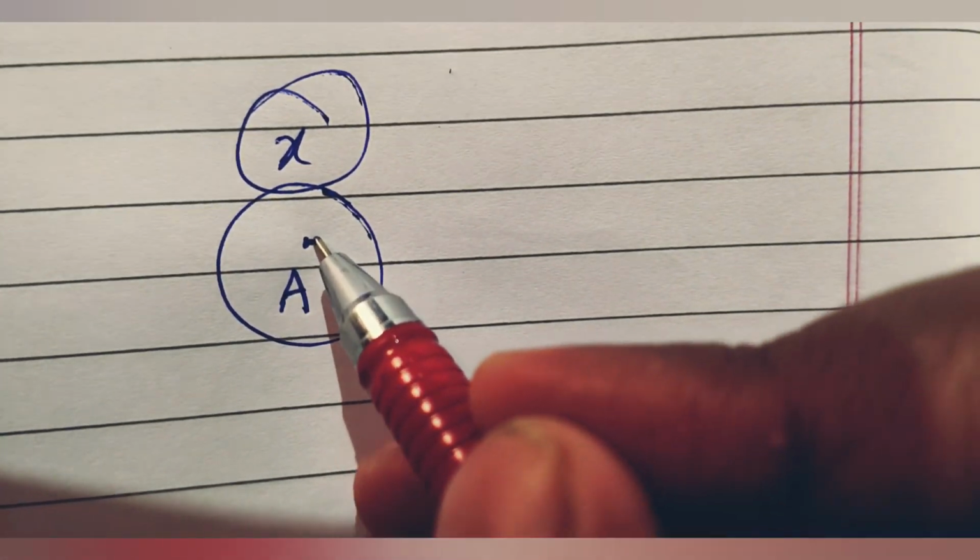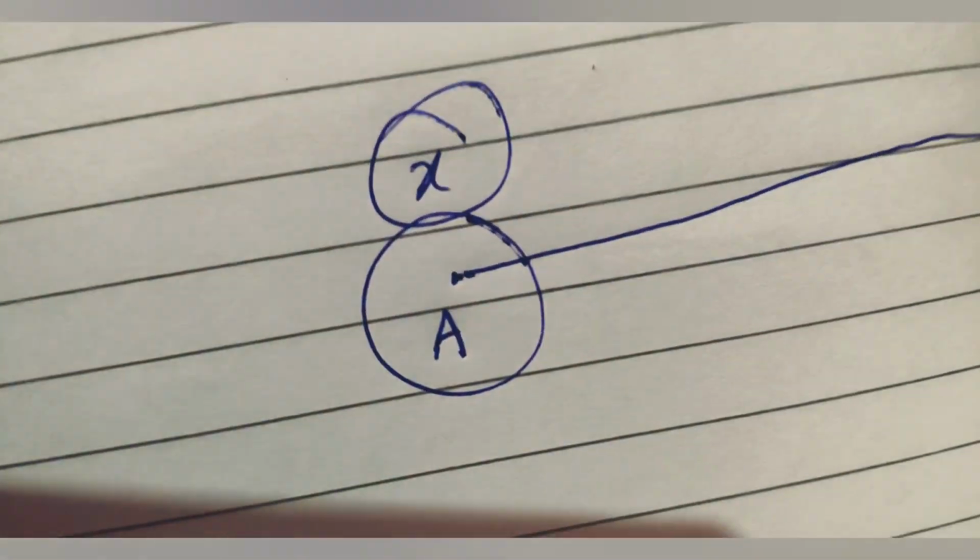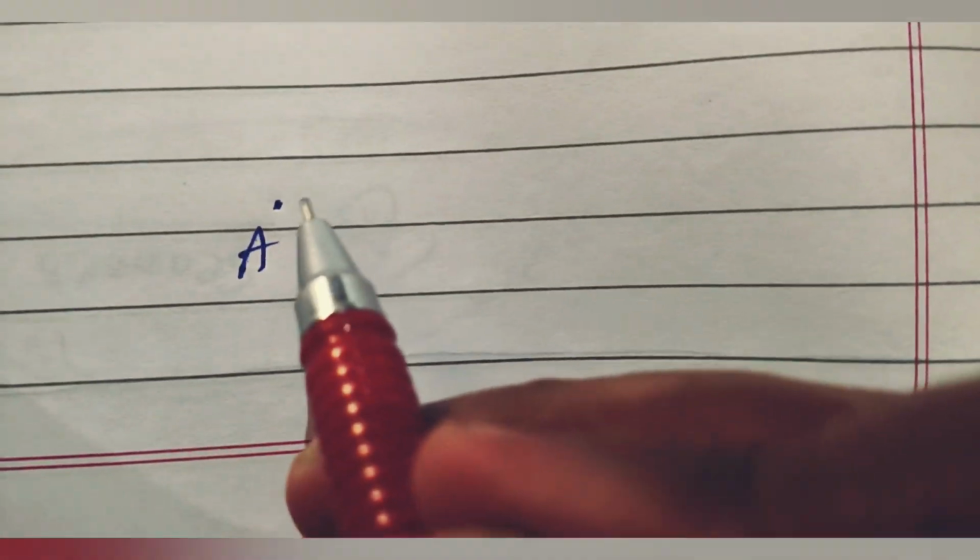Now this object changes its position. I'm drawing again. The point object has this much dimension, this much length. Let me focus it clearly.